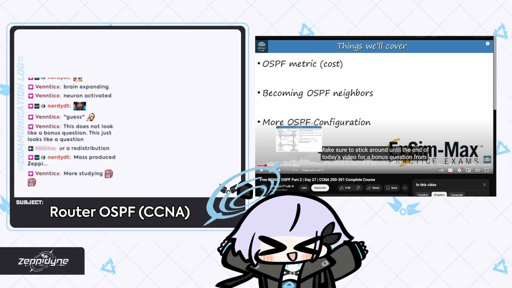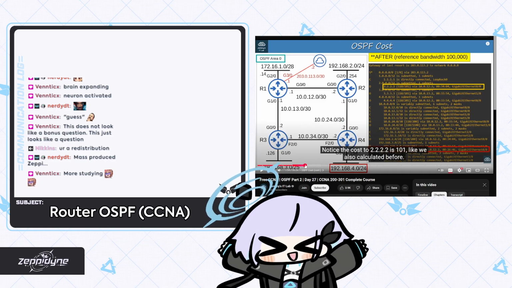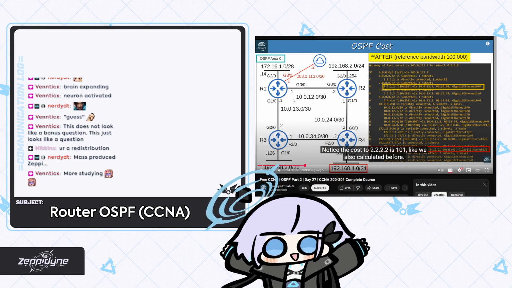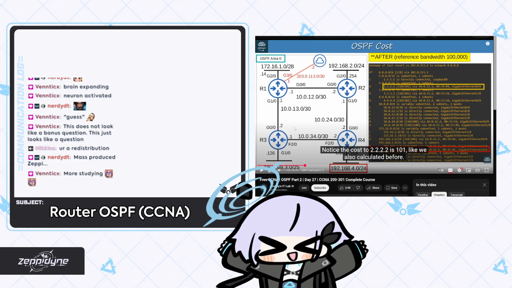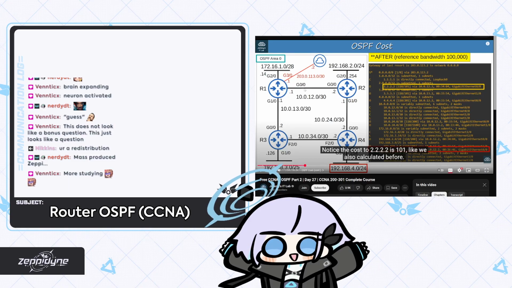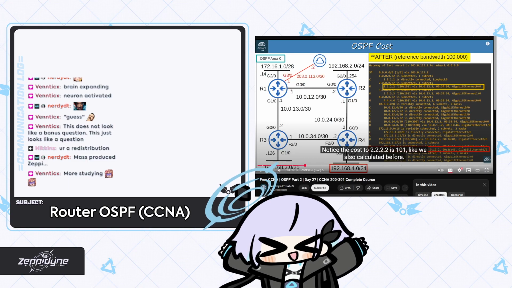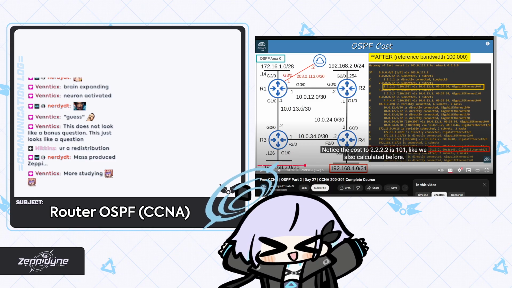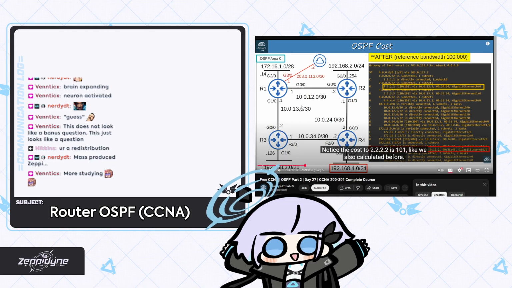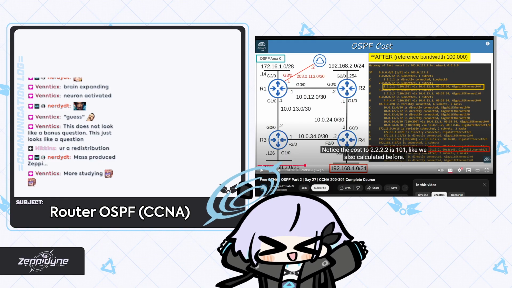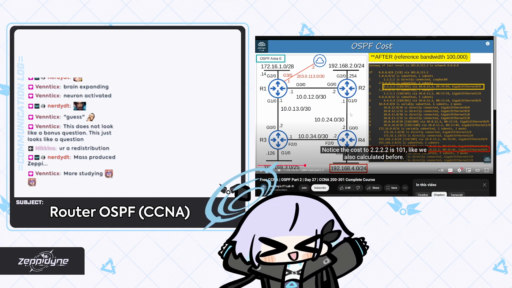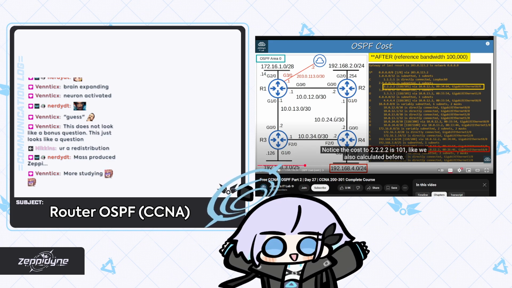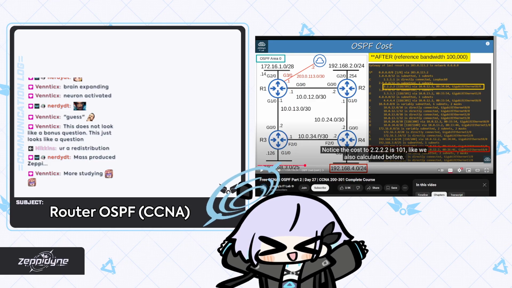If you have a topology, oh, how convenient. It's the same topology. So say that the cost of R1 to R2 is 10, R1 to R3 is 20, and then the connection from R3 to R4, the same for R2 to R4, is 5. Let's just say both of these costs are equal.